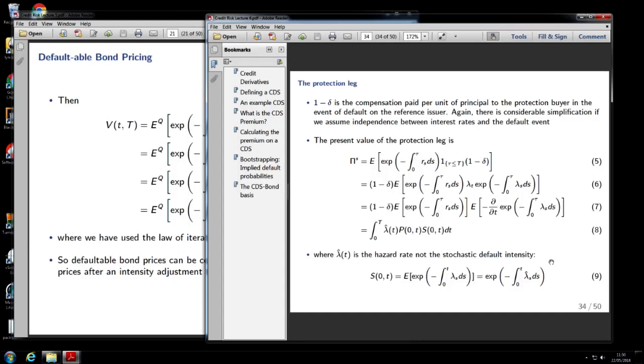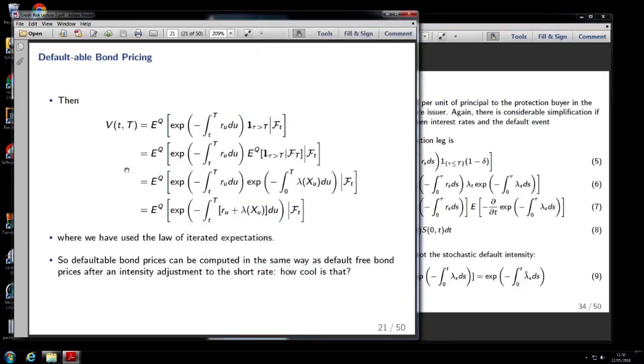So that's why I'm saying it's the same derivation as here. It's just notation, because here we have it between t and big T, and here we just have it up until tau. The difference is just between 0 and tau.